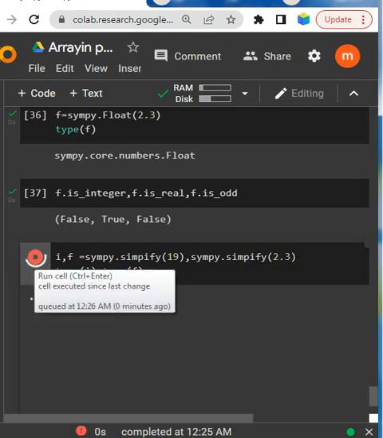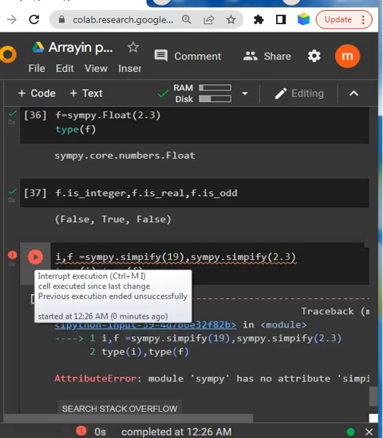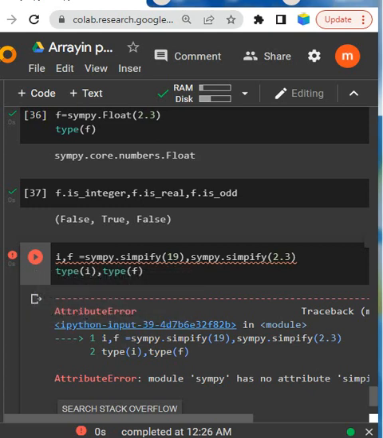So let's see, okay, again it looks like this, i and f. The module sympy has no attribute simplify.